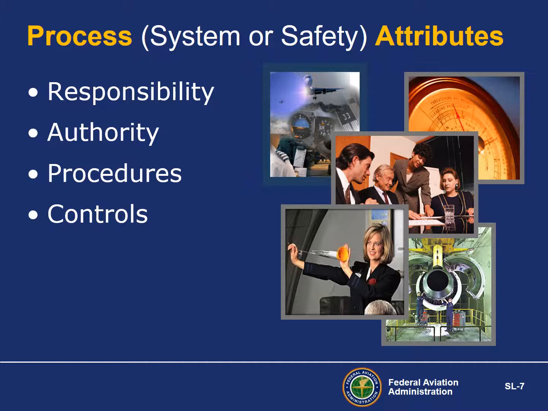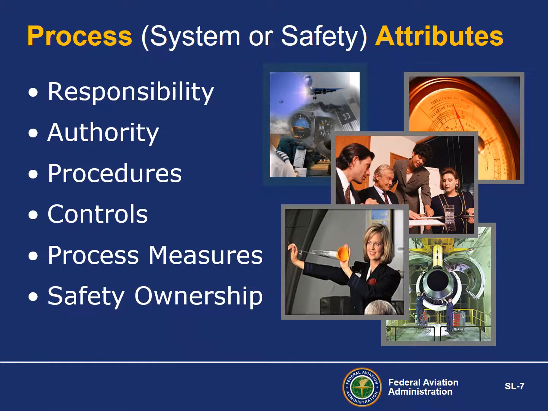Process measures. Is there a way to determine whether a process is being performed according to the established procedures and achieving the desired results? Safety ownership. Do employees try to work together to identify and correct safety concerns? Interfaces. Are there strong interrelationships between the processes? Does the left hand know what the right hand is doing?